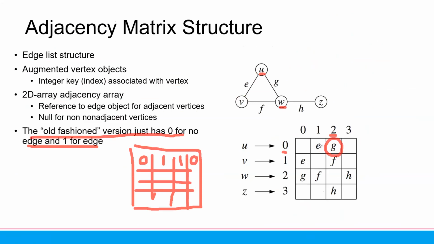If it is 1, then we have an edge. So in this case, 1, 0, 1, 0, and then 1, 1, 0, 1, 0, 0, 1, 0. Okay, so 1 means we have an edge, and 0 means no edge.